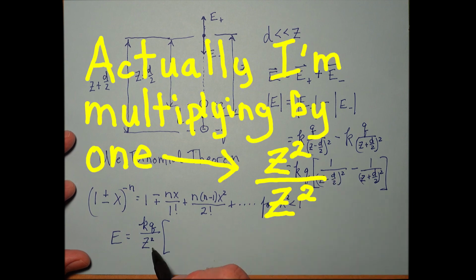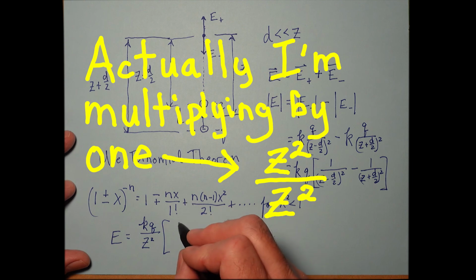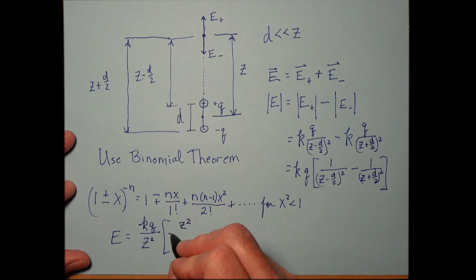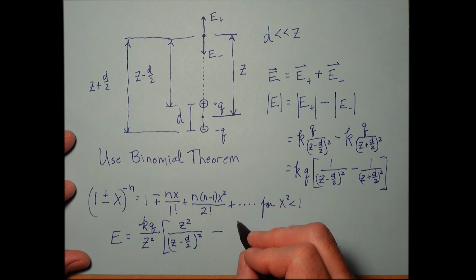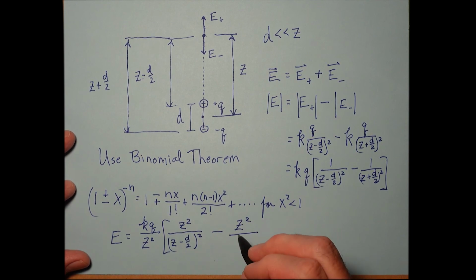If I factor out a z squared from the bottom, I have to multiply it on top. So this is going to be z squared over z minus d over 2 squared minus z squared over z plus d over 2 quantity squared.